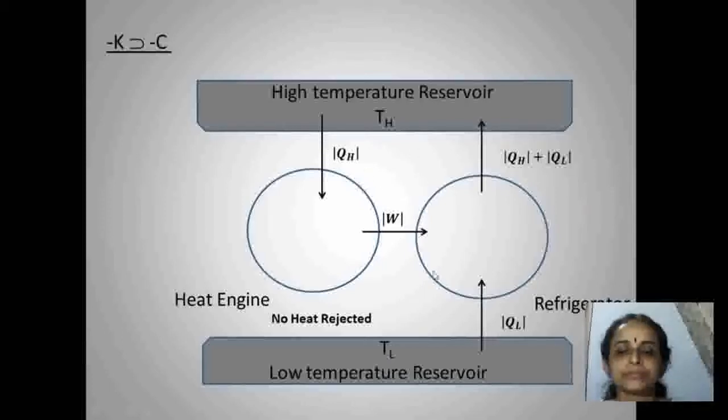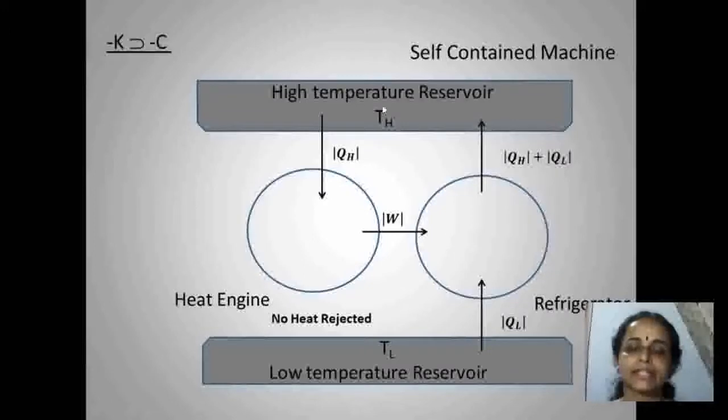With the work output by the heat engine, we are taking QL quantity of heat from the low temperature reservoir and QL plus W to the high temperature reservoir. Here W is equal to QH. So QH plus QL quantity is rejected to the high temperature reservoir. Here there is no violation of the Clausius statement by the refrigerator, but overall it is a violation. So next we can consider these two together as a self-contained machine.